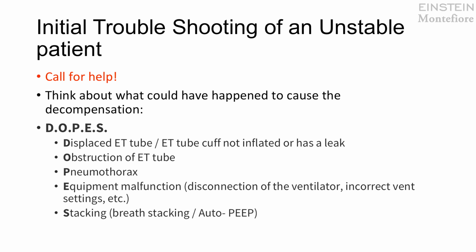There's a mnemonic that you can employ if you remember, or you can look it up at the bedside. DOPES. D is for displaced ET tube. So did the ET tube come out, or is the cuff not fully inflated, or did the cuff rupture? O is for obstruction. So is the tubing obstructed with either mucus or air condensate?